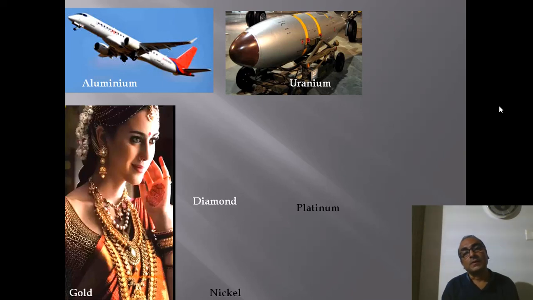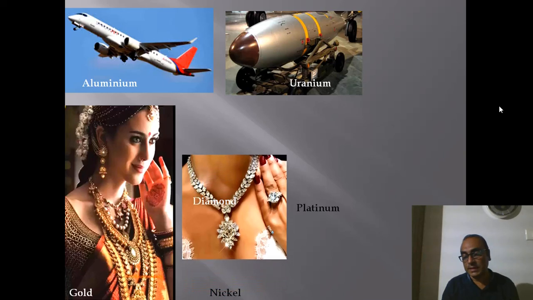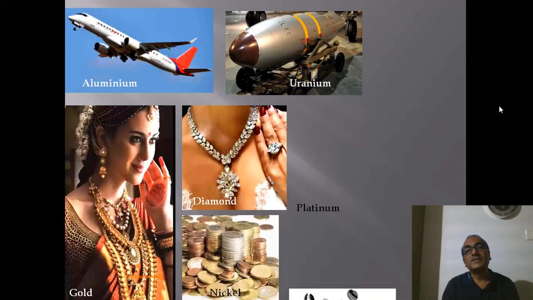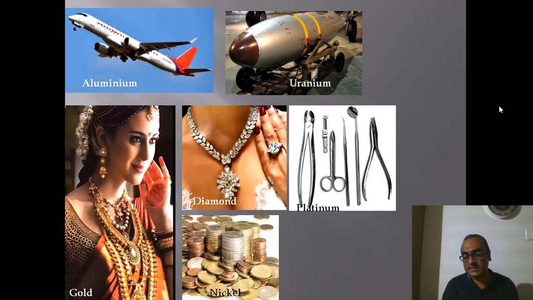India is the largest consumer of gold, and among the Indian states it's Kerala where gold is more extensively used. Its higher consumption is seen in Kerala. And then diamond, which is nothing but a form of carbon. Nickel, as I told you, in coins. Platinum in the instruments used in dentistry, and also in some ornaments.